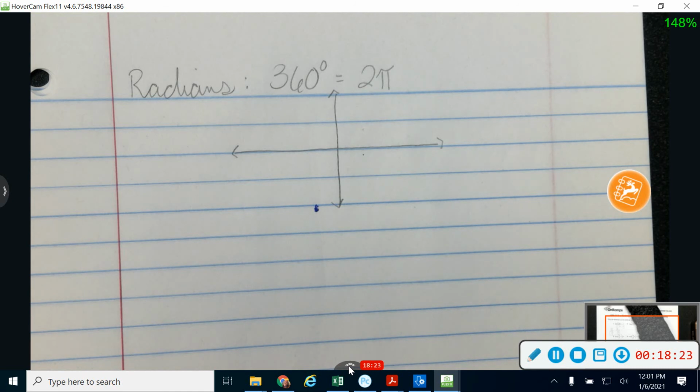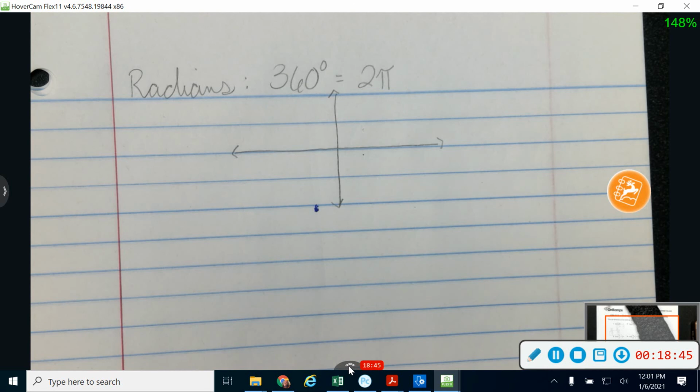If you're looking at something like 36 and you don't put the degrees symbol on it, then that means 36 radians. So be sure when you're working problems that you put the degrees symbol on things. Degrees has a symbol, radians does not. If you see something like 2 pi and there's no symbol, that means you're working in radians.